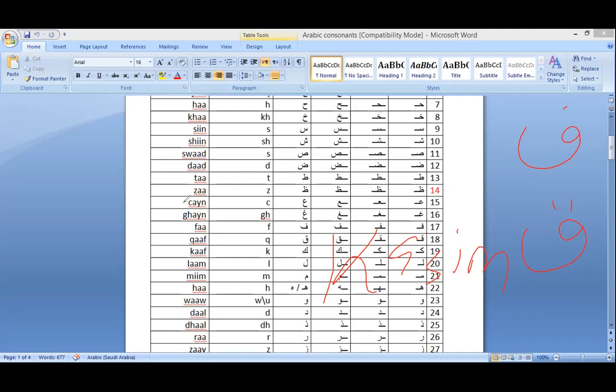This is Qa. Because the name is Arabic, it was supposed to be Q, but because Qa is close to Ka, we push it to Ka. So you say Kasim, but it's supposed to be Qasim.